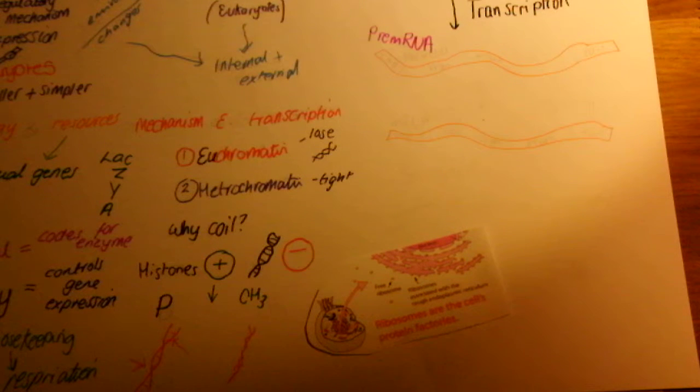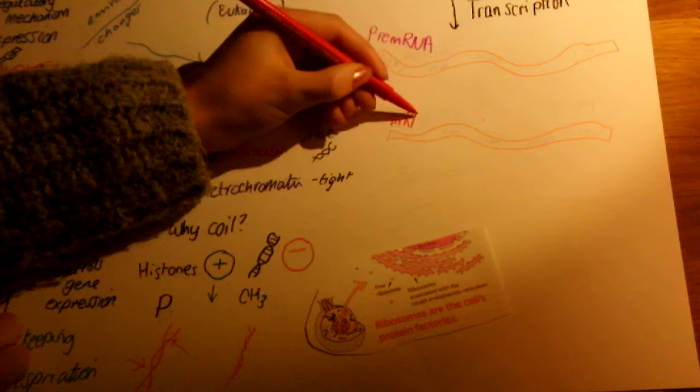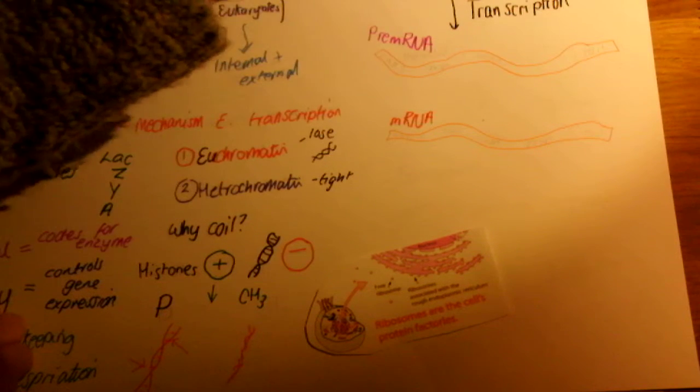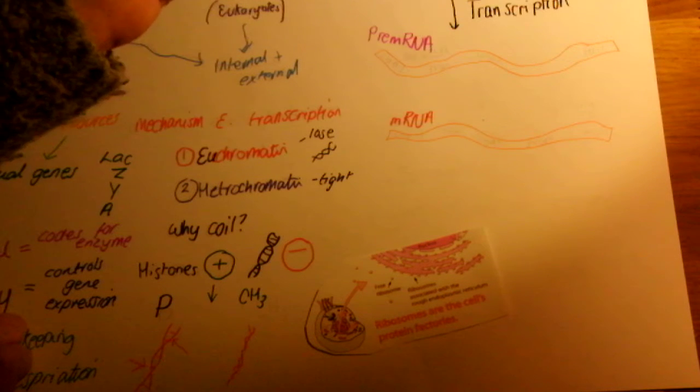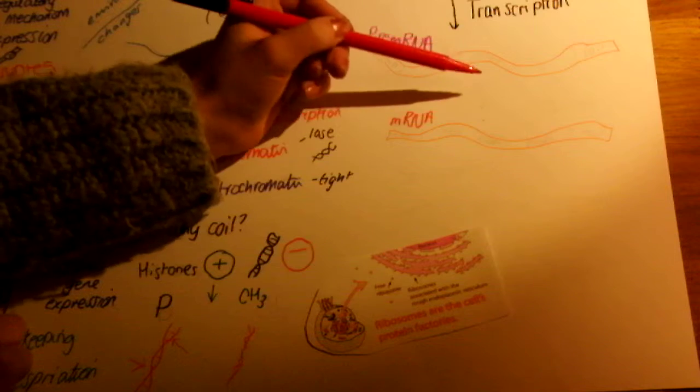And then later on, this pre-mRNA can be modified to form mRNA, which is mature RNA. So it goes from a DNA strand, transcription, pre-mRNA, which is precursor RNA, then mRNA.